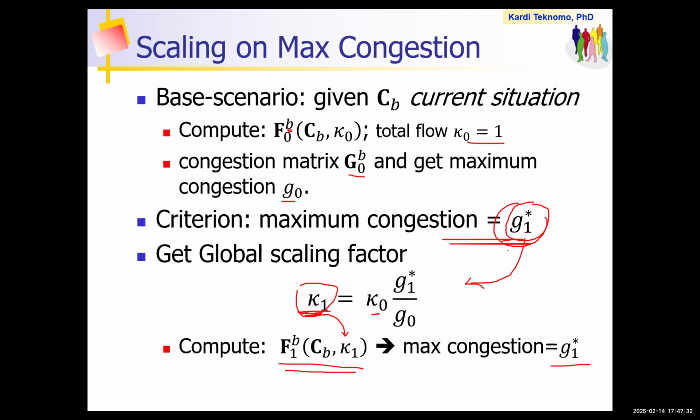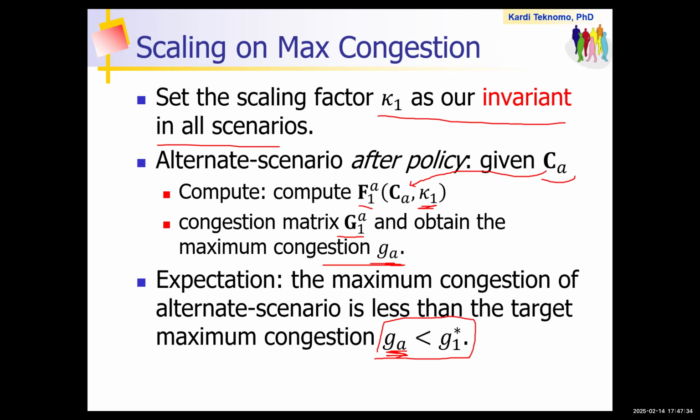If the new maximum congestion is less than the target you set earlier, then this policy is better than the base. If GA is actually larger than the target you set, then of course this policy is not better than the base.